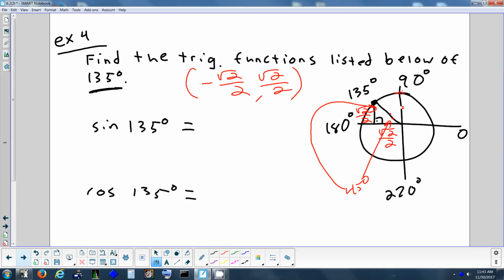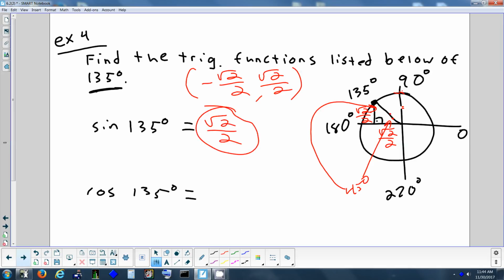So working with coordinates or working with angles in other quadrants, all that it involves is putting a negative in front of x, in front of y, or both. Everything else is the same. So now for 135, what would my sine be? It's the y value. And you've got to be careful, because if you mix them up, you will get them wrong.